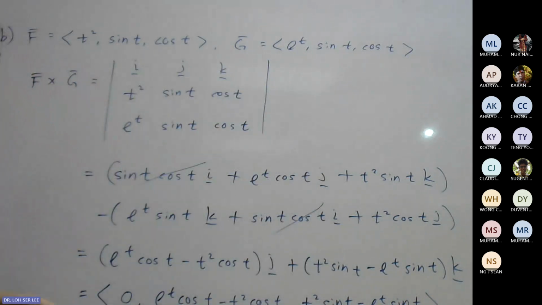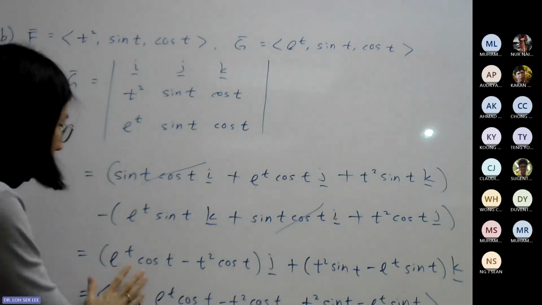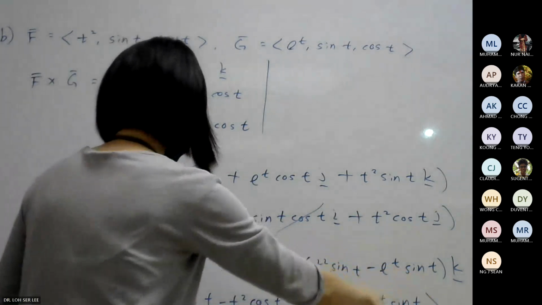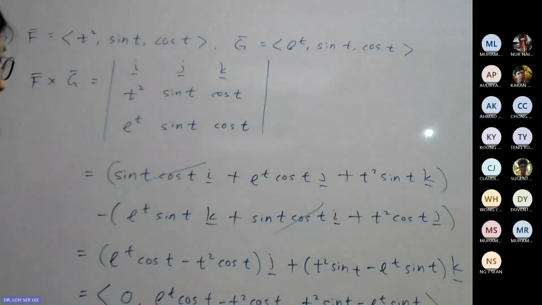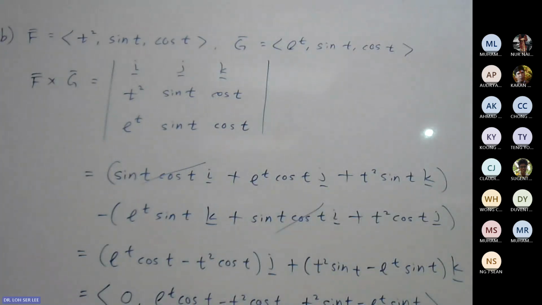If you want to use bracket, even though the component function is 0, you have to put 0. You cannot leave it and just show the other two, because this is a three-dimensional vector value function.